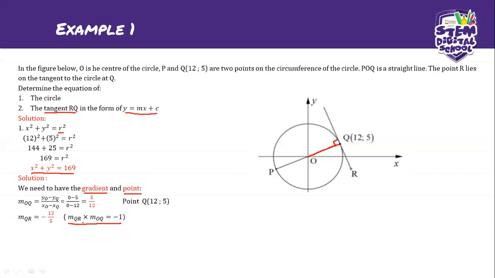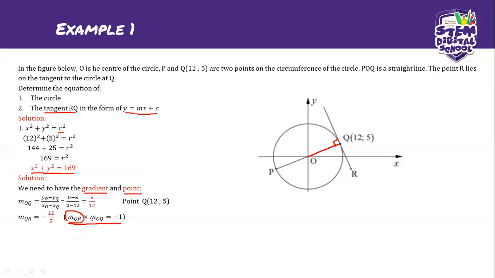Now, it says the gradient of QR multiplied by the gradient of OQ equals -1. So we all know that when we have the gradients of perpendicular lines, they have a product of -1, right? Now, we are looking for the gradient of QR, the gradient of a tangent.